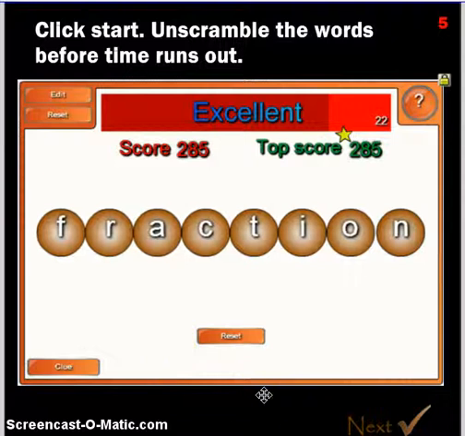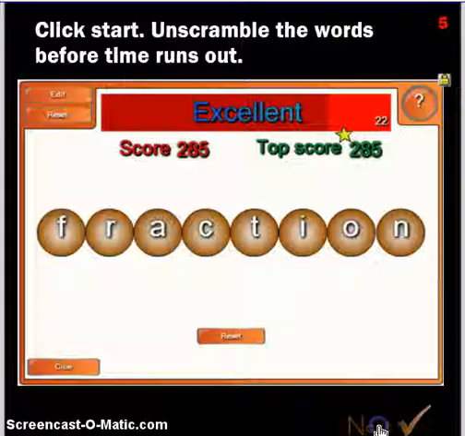And those are all the ones that have to be unscrambled. And the clues are always in the bottom left-hand corner for these.